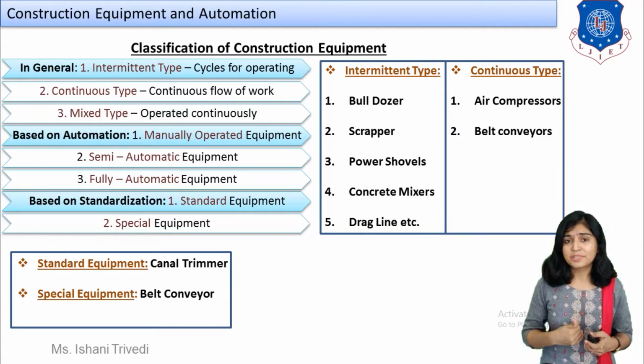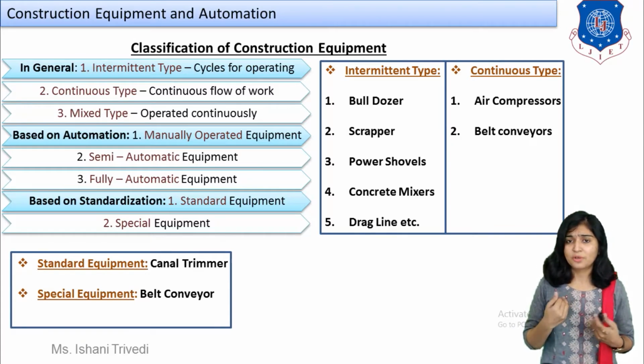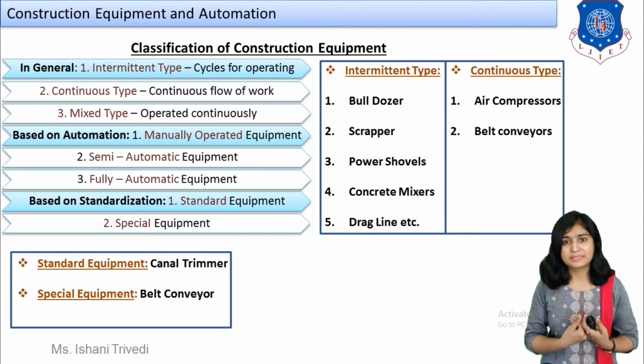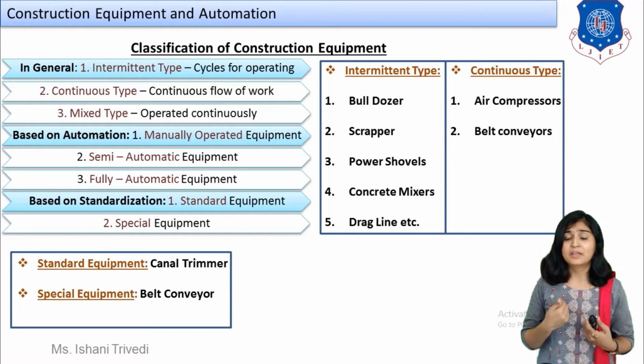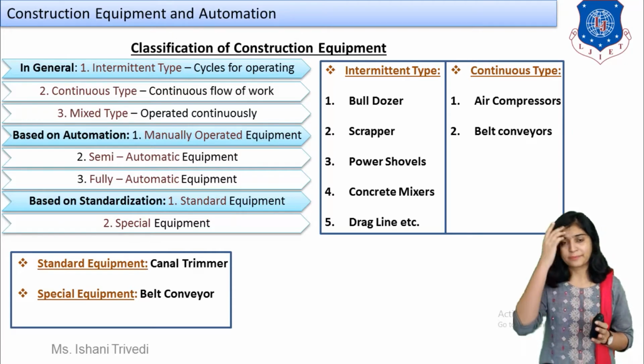I talked in the previous session about standard equipment, for example an excavator, which will be the same all over the country. The manufacturing will be standard. If you talk about belt conveyors, then you will have to design them according to the requirements. So this makes the categories of special equipment and standard equipment.